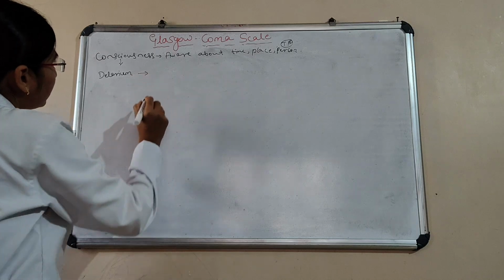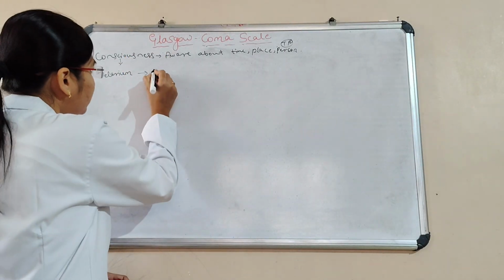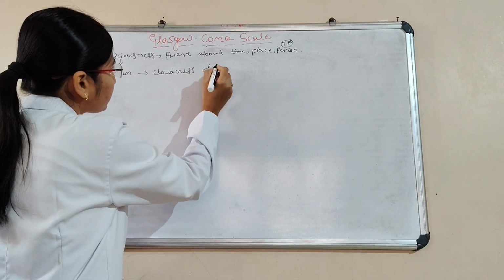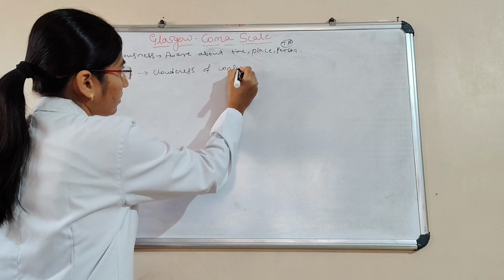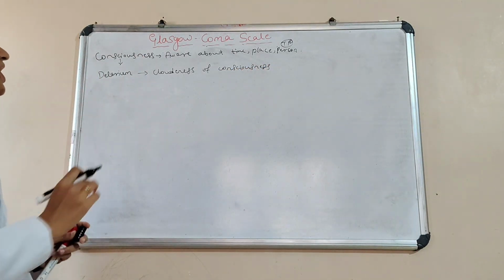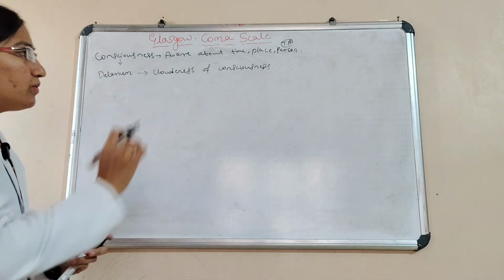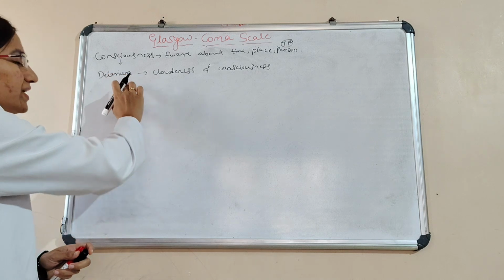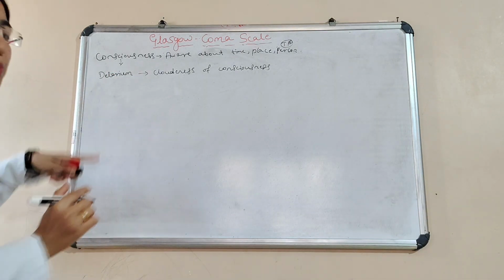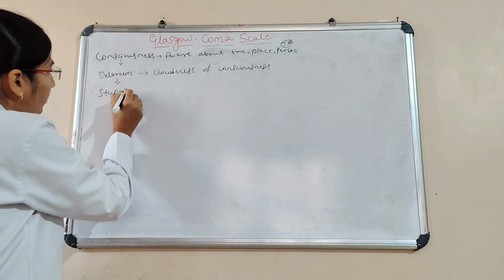Delirium is cloudiness of consciousness. Then again a little alteration takes place, and after that comes stupor.